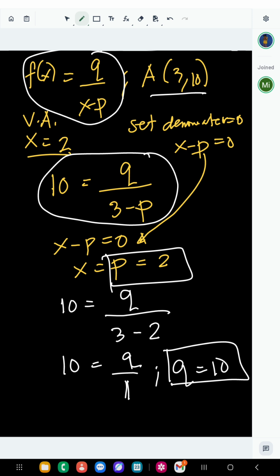If they are equal, you divide the leading coefficients. The leading coefficient is the coefficient of the term with the highest degree. So you divide the leading coefficient of the numerator by that of the denominator, and that is your asymptote. If the degree of the numerator is greater than the degree of the denominator, there is no horizontal asymptote.